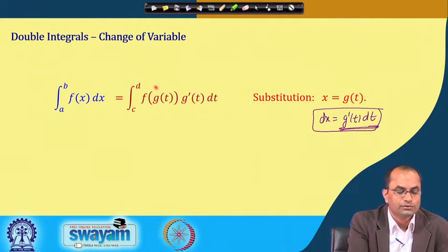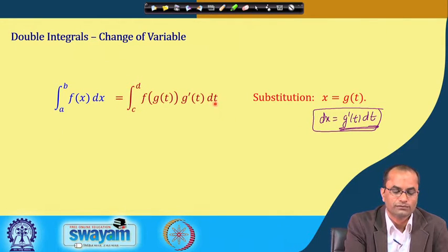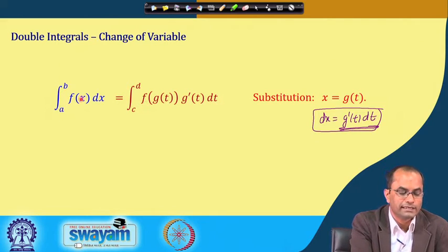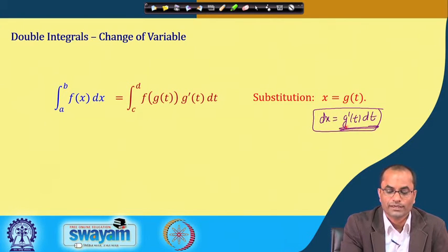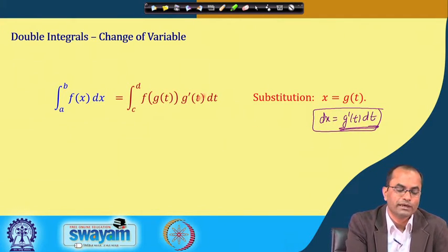So, the idea used to be that we have the corresponding limits now of this t, and this x was substituted by the new function g t, and for dx we have got here g prime t dt.